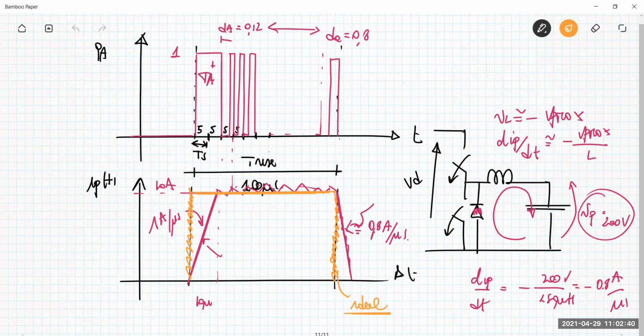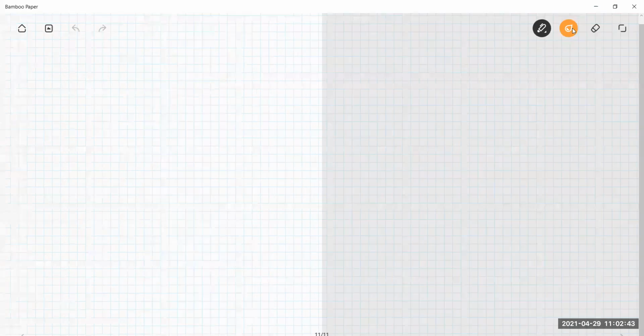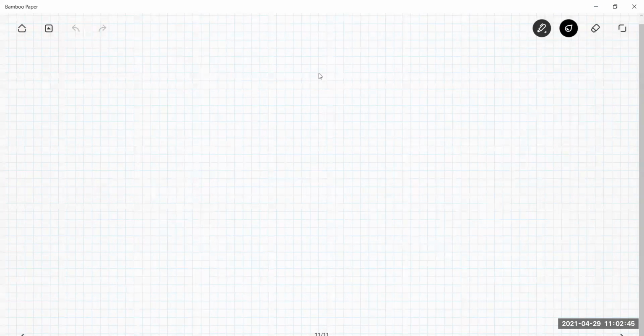So let's consider something to get into a little bit more detail, just to see if it is clear what I'm discussing here. Let me see what happens, for example, to the voltage across the capacitor. What is the expression and the value, the behavior of the voltage Vp across the capacitor?